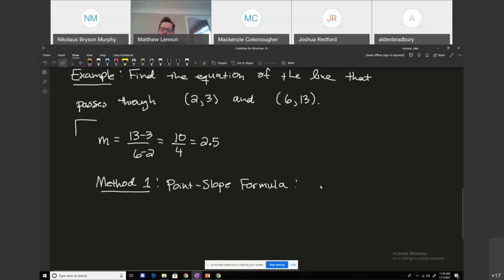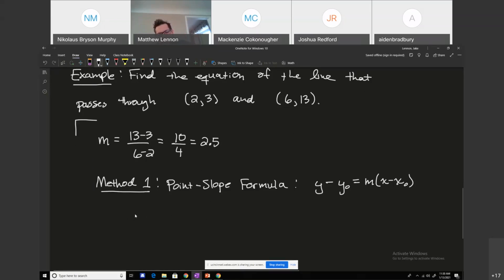Well, it is, let's say, y minus y0 equals m times x minus x0, where x0, y0 is any point on your line. So I know 2 points on my line, (2, 3) and (6, 13), so I can use either one of those. And then I just found my slope m. So basically, you just have this formula memorized and plug everything into it.